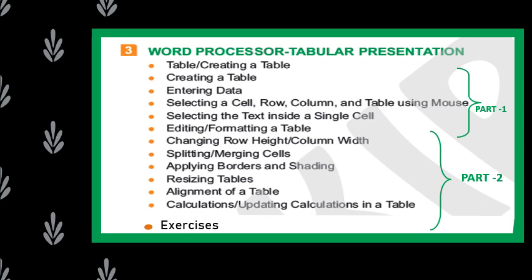formatting a table. Now in this part 2 we will discuss about changing row height, changing column width, splitting or merging cells, applying borders and shading, resizing tables, alignment of a table, calculations and updation calculations in a table.